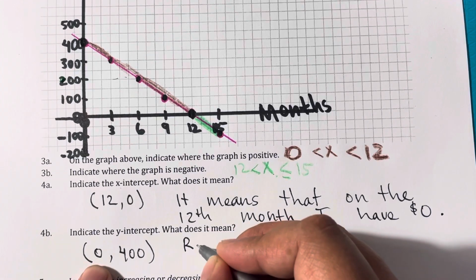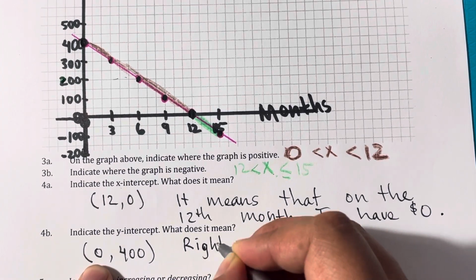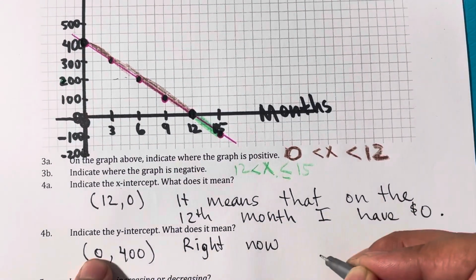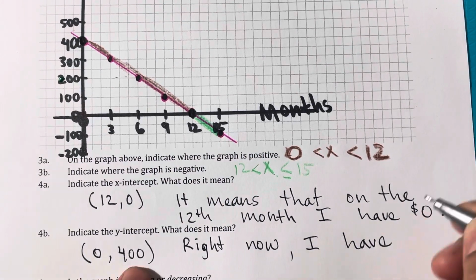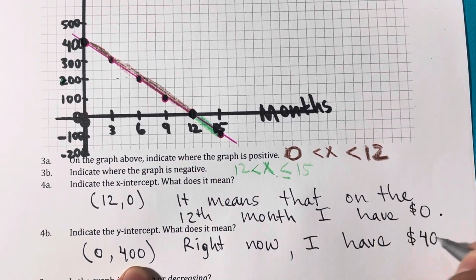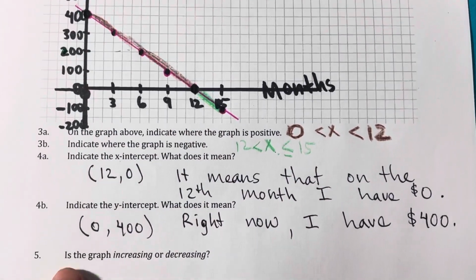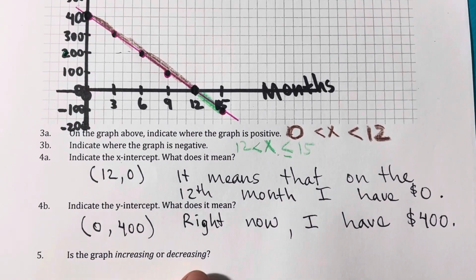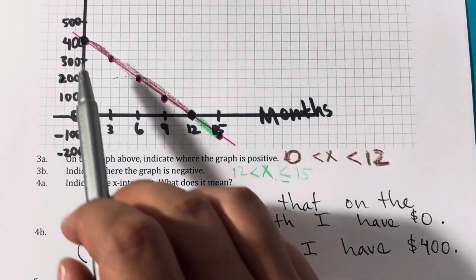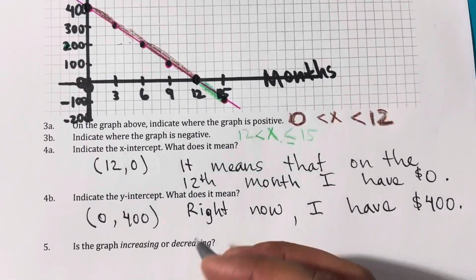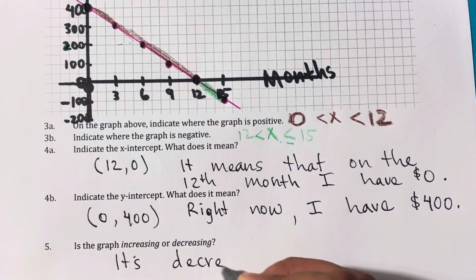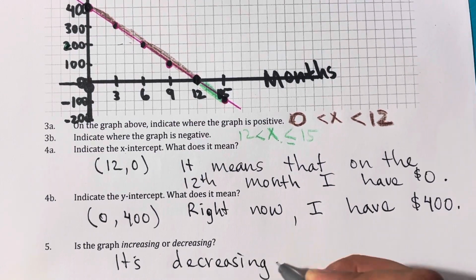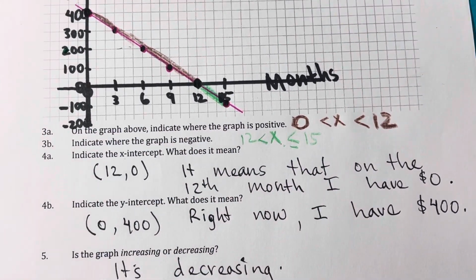We can just interpret it as right now, or in the present, I have $400. Okay, is the graph increasing or decreasing? Well, the slope is negative, so we can say that it's decreasing, because the slope is negative.